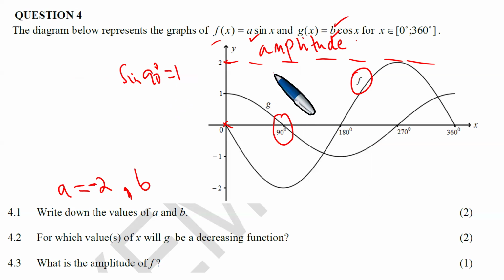But now it has become negative here. At 90, the function is negative. It means that a must be negative 2. A must be negative 2.